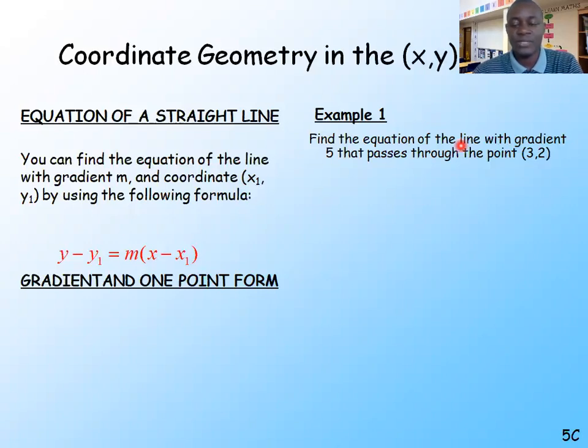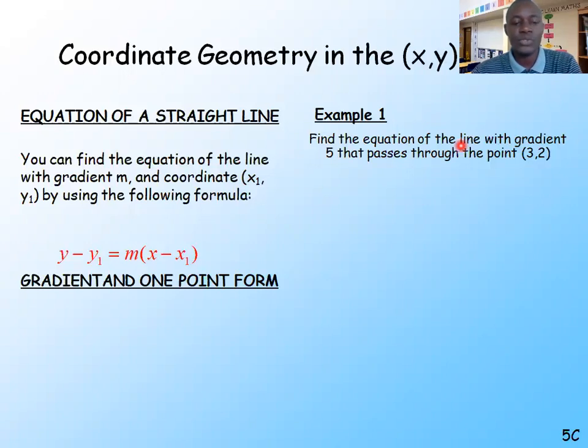When given in the gradient intercept form, it was easier for us to identify the gradient m and the y-intercept c. But when given in the general form, we had to rearrange it into the gradient intercept form to figure out what the gradient m and the intercept on the y-axis c were.